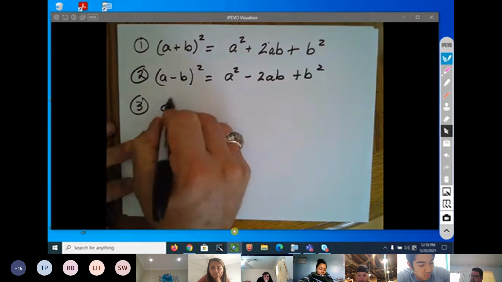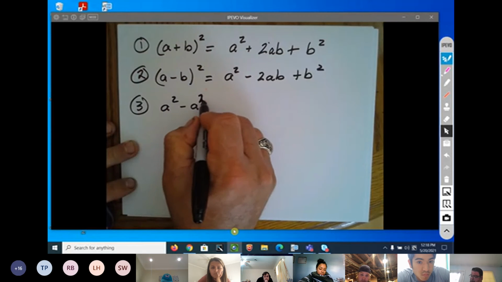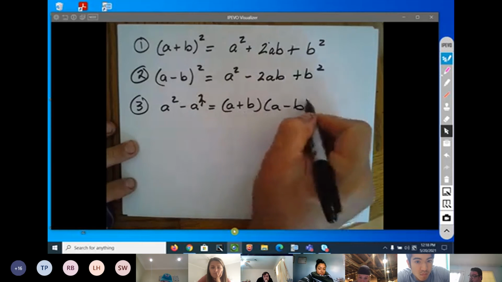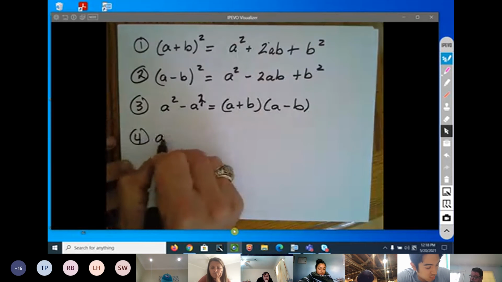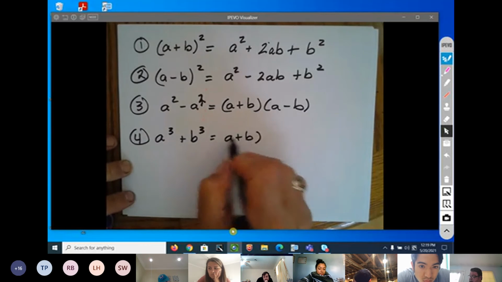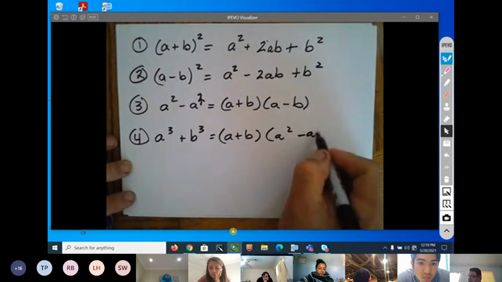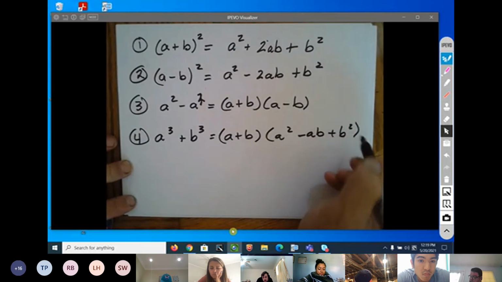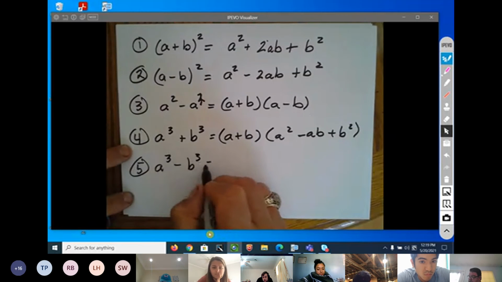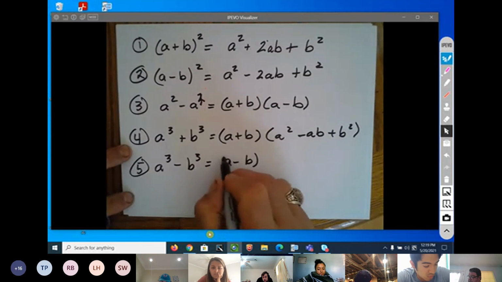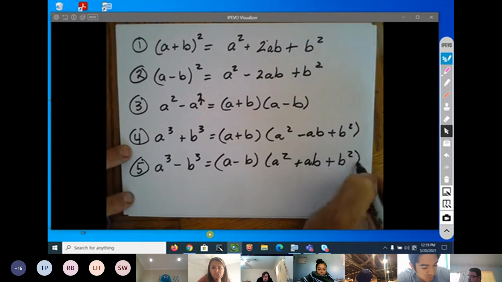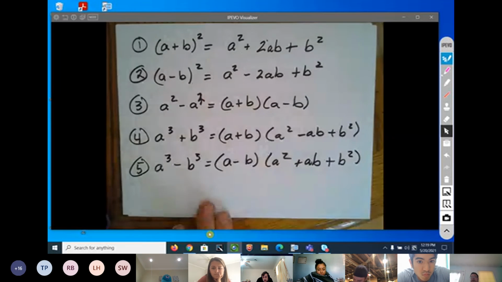Shortcut number 3, a squared minus b squared is equal to (a plus b) times (a minus b). 4, a cubed plus b cubed is equal to (a plus b) times (a squared minus ab plus b squared). And shortcut number 5, a cubed minus b cubed is equal to (a minus b) times (a squared plus ab plus b squared). And should you know them that fluently? Yes, you should.